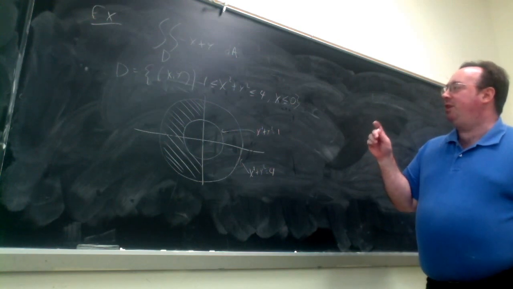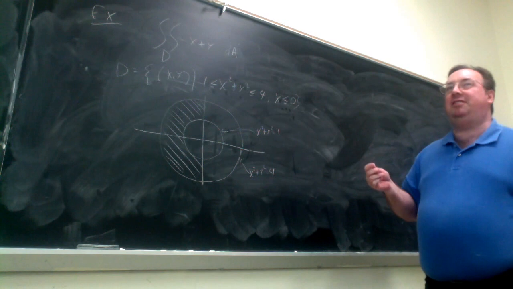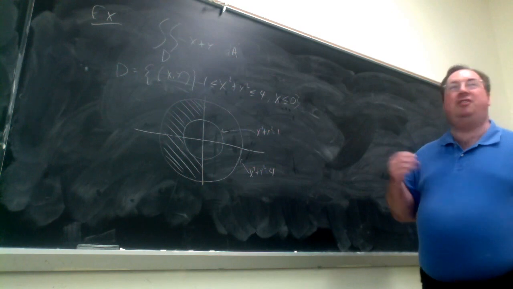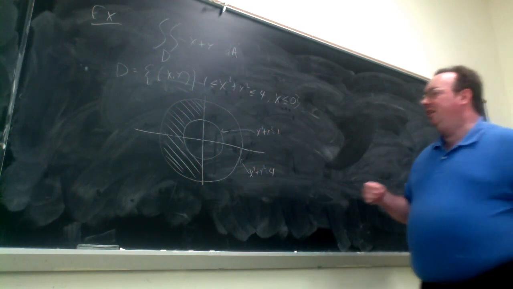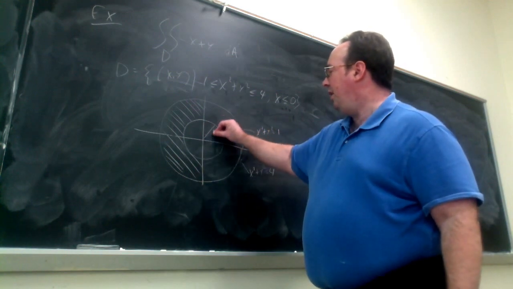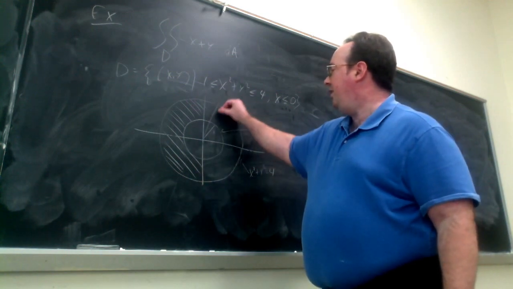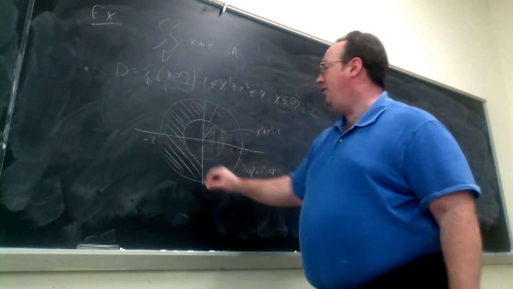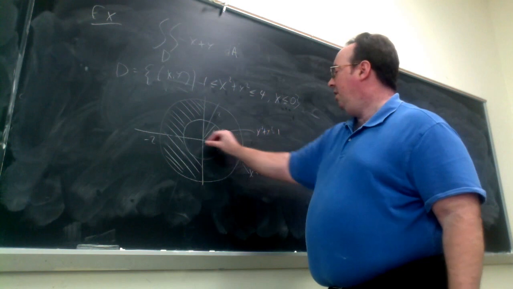Now if we were to try to express this with limits in terms of x and y, that actually would be kind of a pain. In fact, you could not do it as just one integral. So if you let x go from, okay, so here the radius is 1, and for the outer circle the radius is 2. So x will go from -2 all the way to 0.